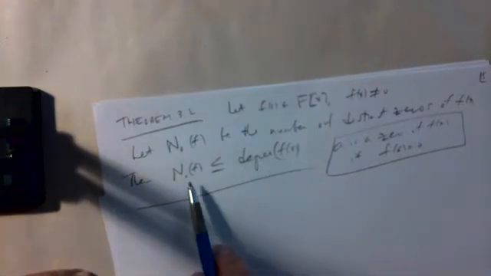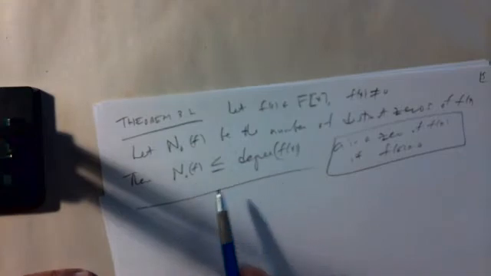So this is why you know that a quadratic polynomial, it may not have any roots, it may have one root, it may have two roots, but it can't have three different roots, because the degree of a quadratic is 2 and the number of zeros is at most 2.